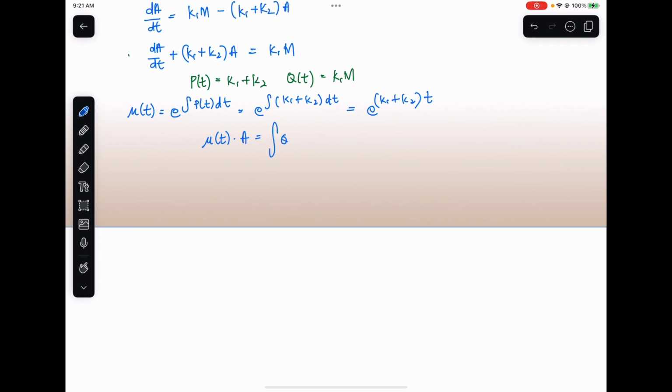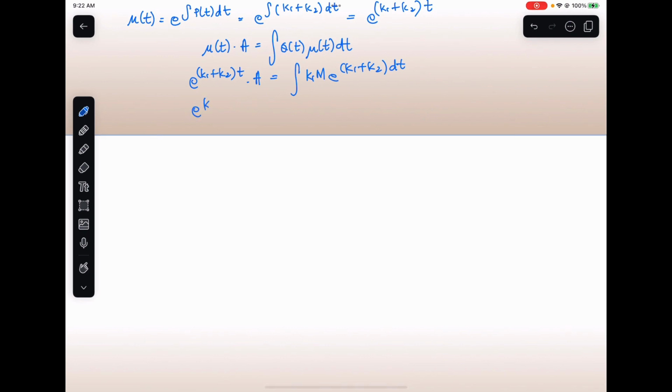Mu of t times A is equals to the integral of Q of t times mu of t dt. Mu of t is e raised to (K1 plus K2) times t, then multiplied with A. Q of t is K1 times M, and then e raised to (K1 plus K2) t dt.